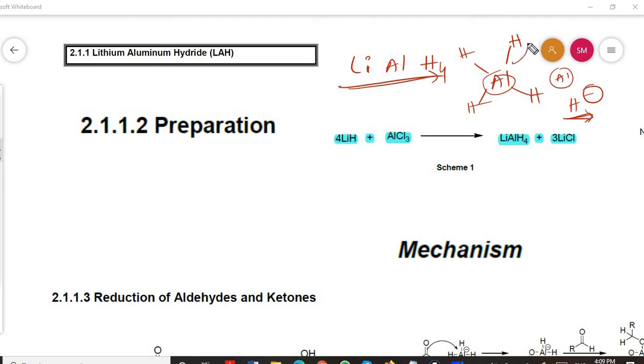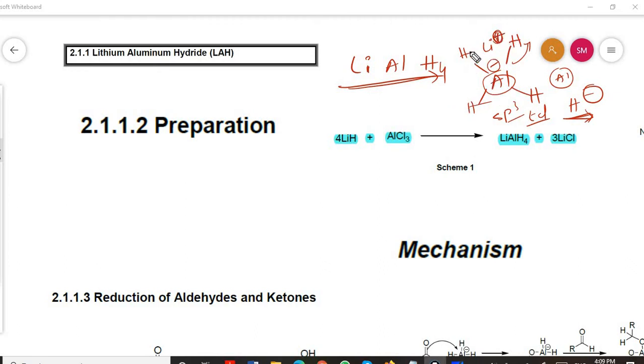When it forms a fourth bond with H minus, it occupies the negative charge. This negative charge is stabilized with lithium as a positive cation. Overall it is sp3 hybridized and tetrahedral in shape.